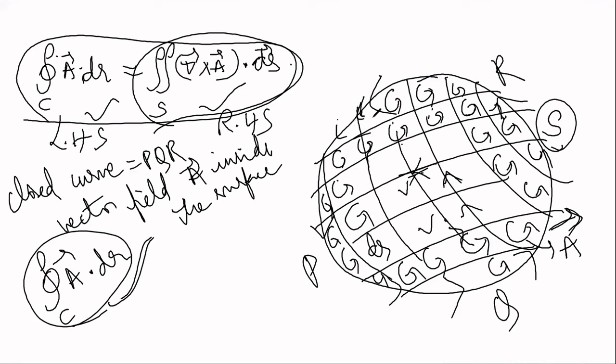Now next, this one will get cancelled out. One side will get cancelled out. Then again, I have the other two sides. This one got cancelled out.